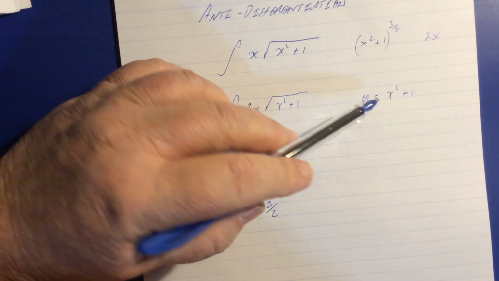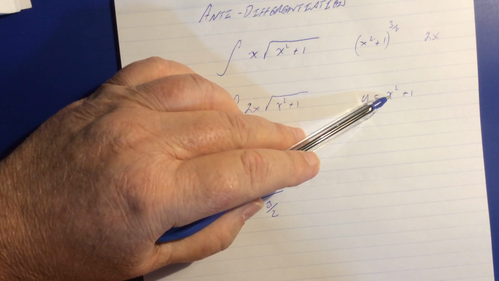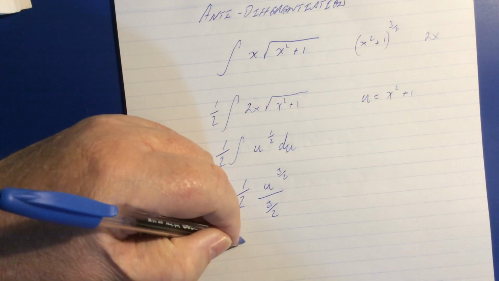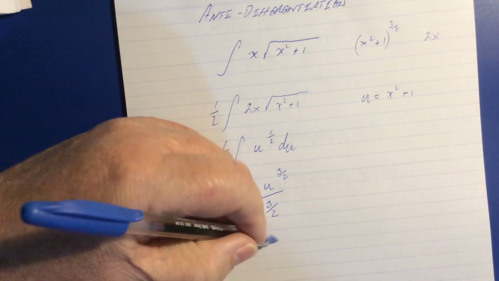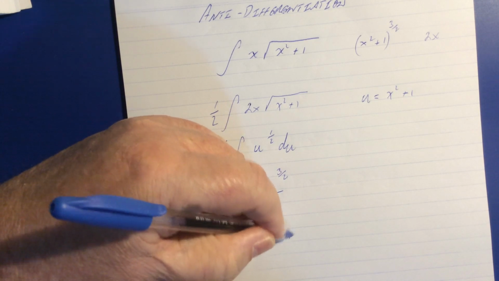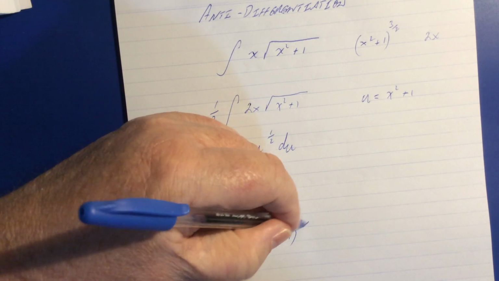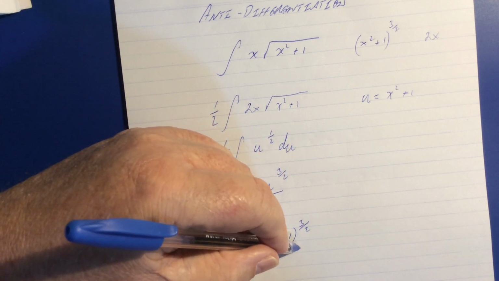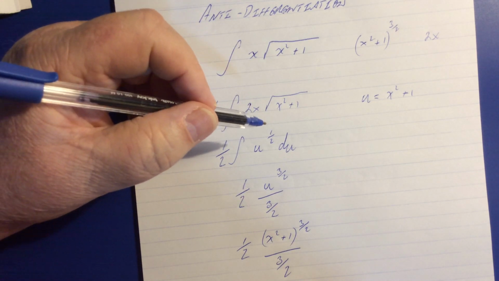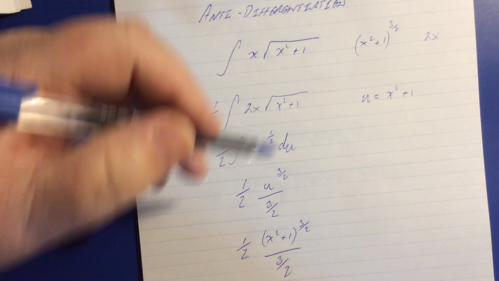Now let's pop this back into our calculations. So we have 1/2, x squared plus 1 to the 3 on 2 over 3 on 2.